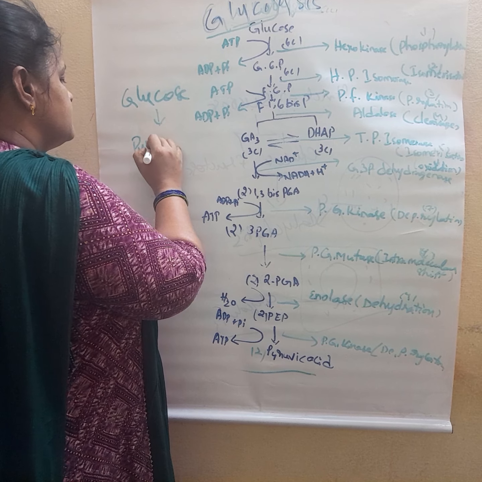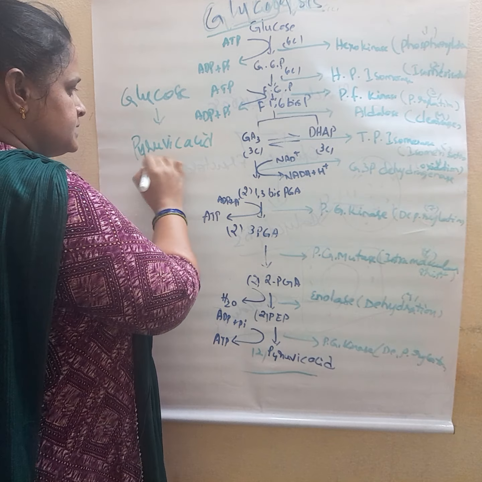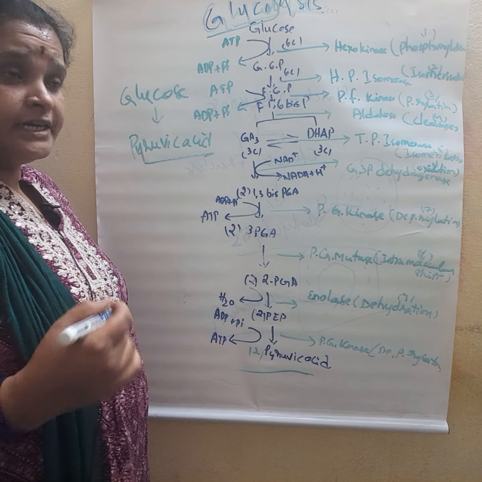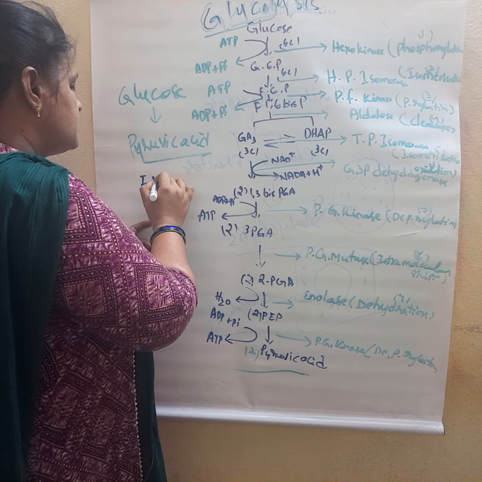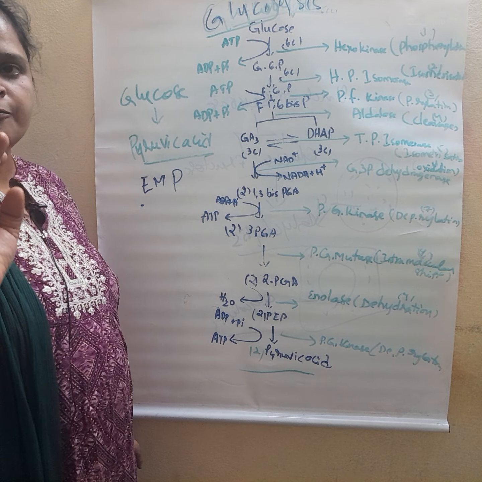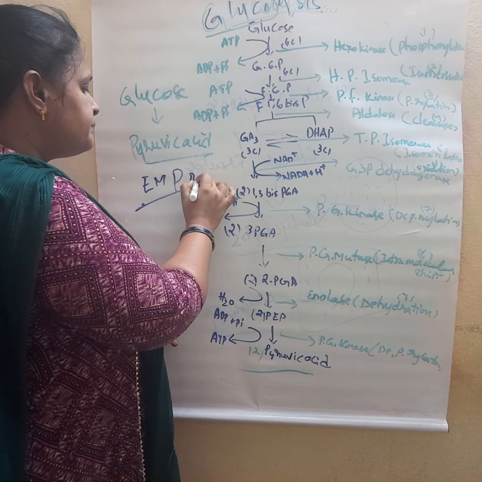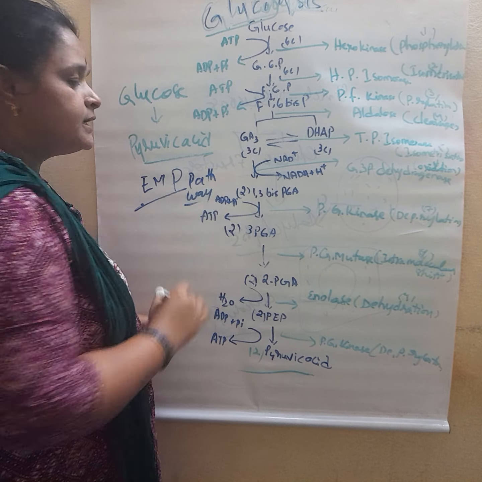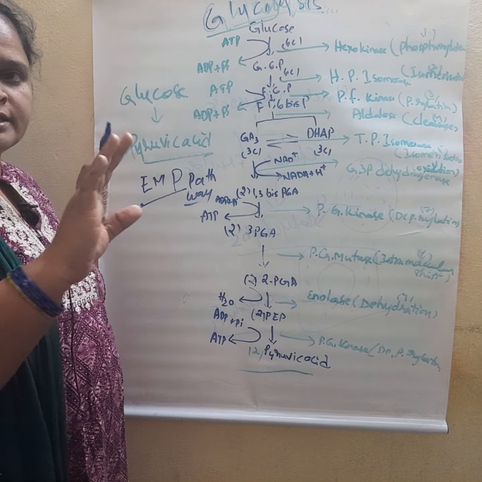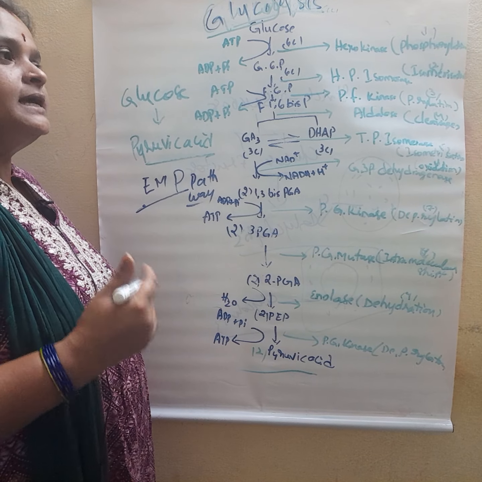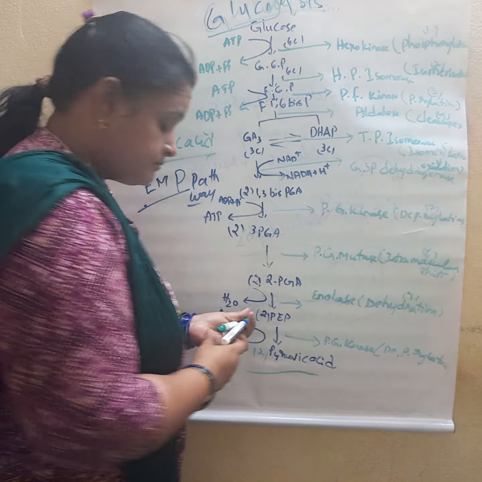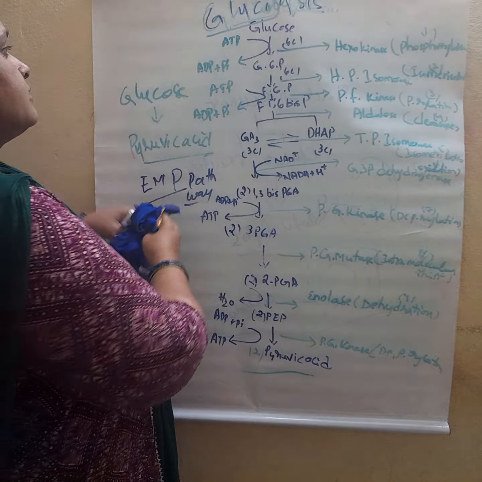Pyruvic acid. So this is called glycolysis. This glycolysis was studied by three different scientists, Embden, Meyerhoff, Parnas. So that's why it is also called the EMP pathway. Where does this EMP pathway take place? It takes place in the cytoplasm of the cell, not concerned about eukaryotic and prokaryotic. That means it takes place in aerobic as well as in anaerobic organisms.